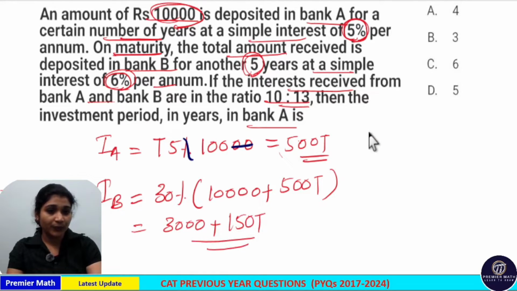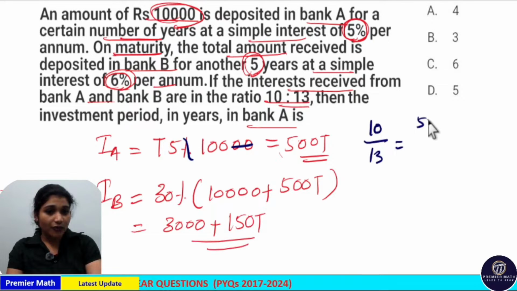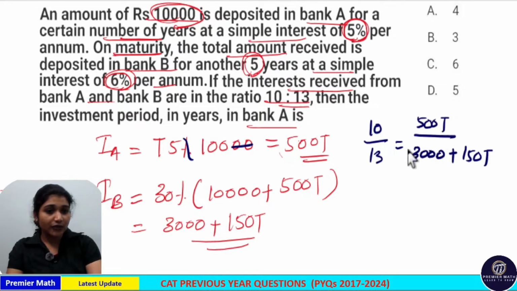Now take the ratio. 10 by 13 is equal to 500T divided by 3000 plus 150T. If you cross multiply, 13 into 500T is 6500T, and 10 into 150T is 1500T.